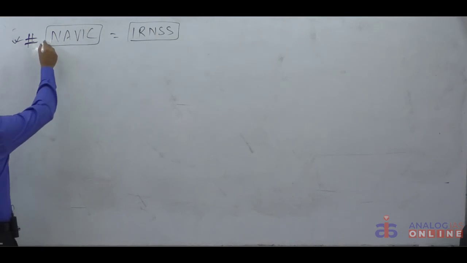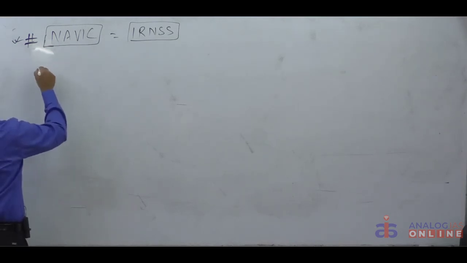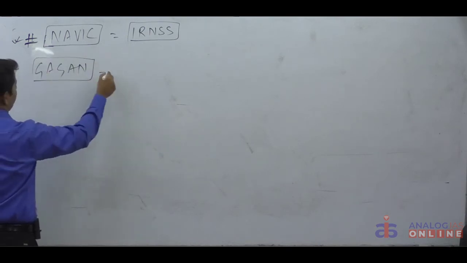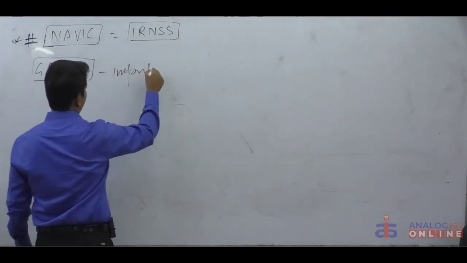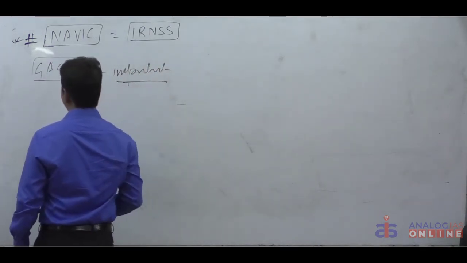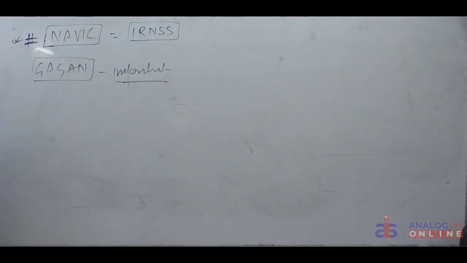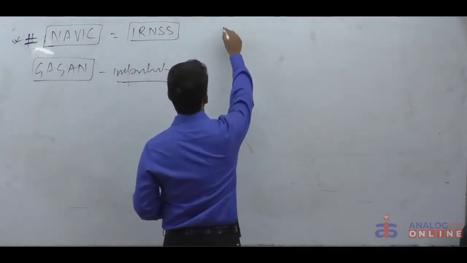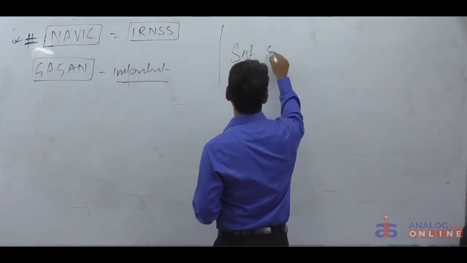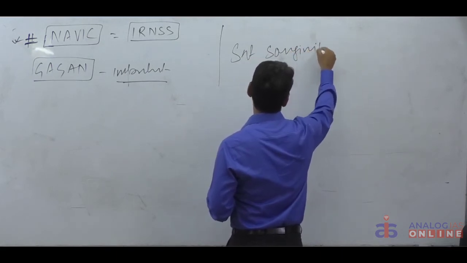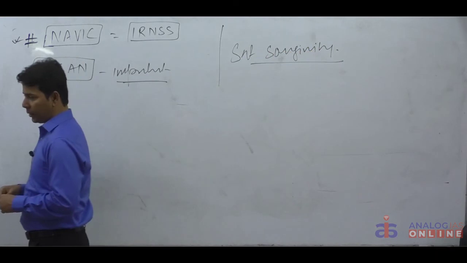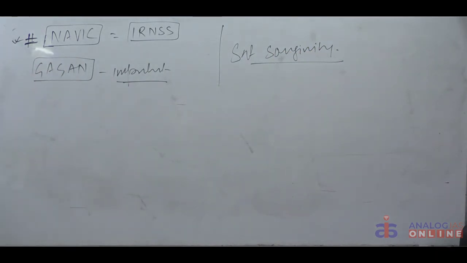And when we talk about Navic and all, then Gagan, which is the traditional one, also becomes important. The entire aspect of why India has to develop Navic and Gagan is linked to something called satellite sovereignty. So we have discussed it in our classes, and we'll have to go with that.